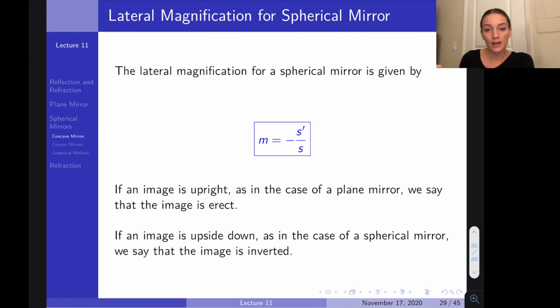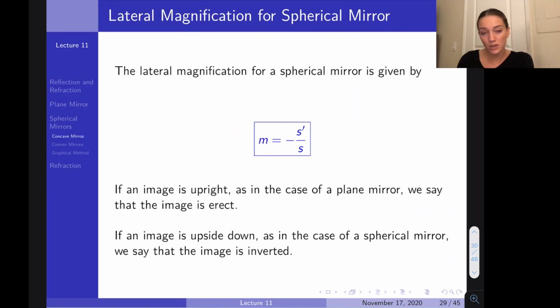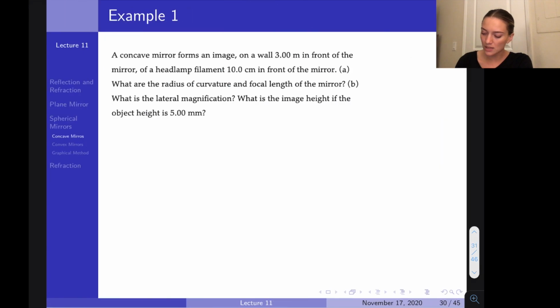When your image is upright, we say that image is erect, and if it's upside down, then we call it inverted. If the magnification is positive, it's upright. If it's negative, then it's upside down, or inverted. Again, we'll see examples of this in a second.